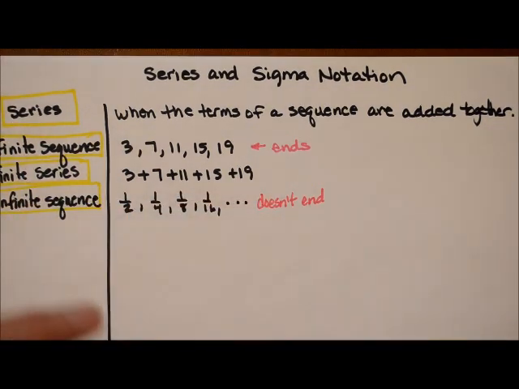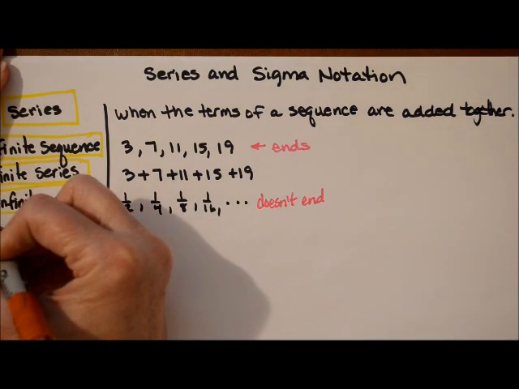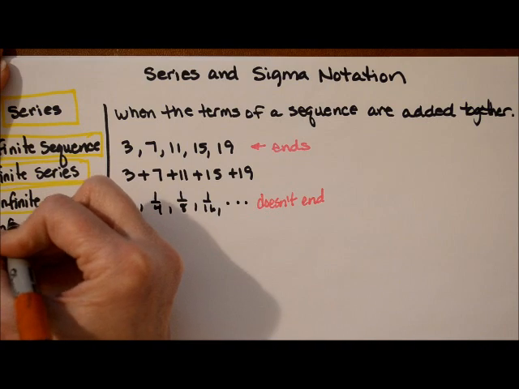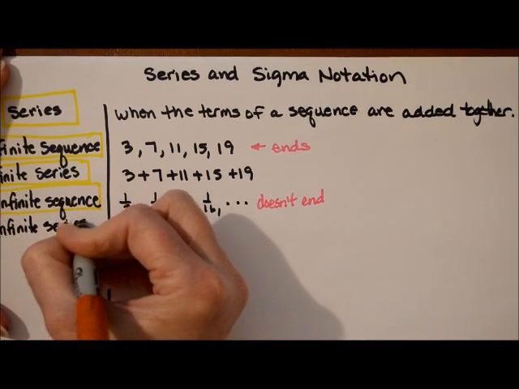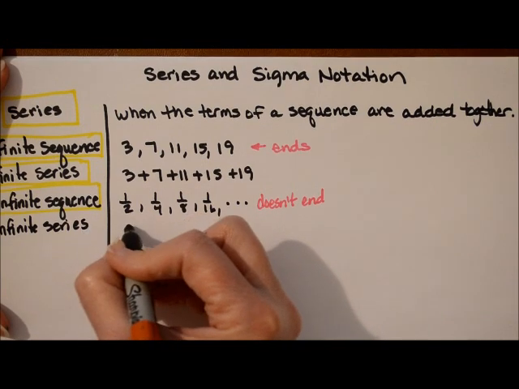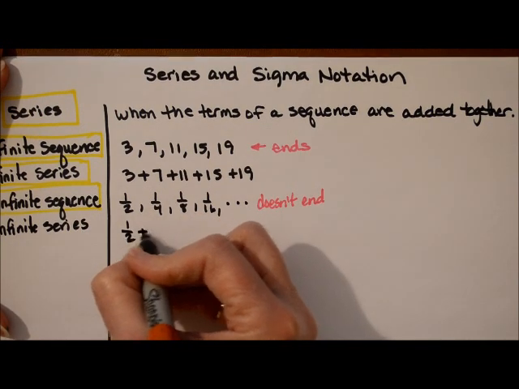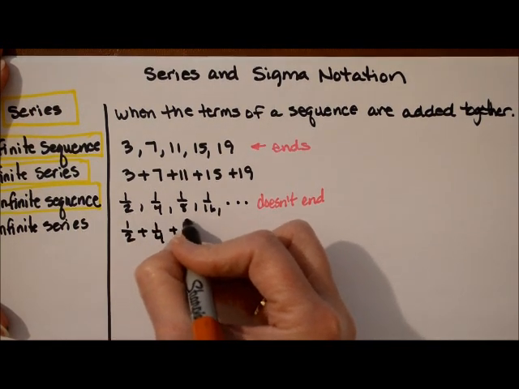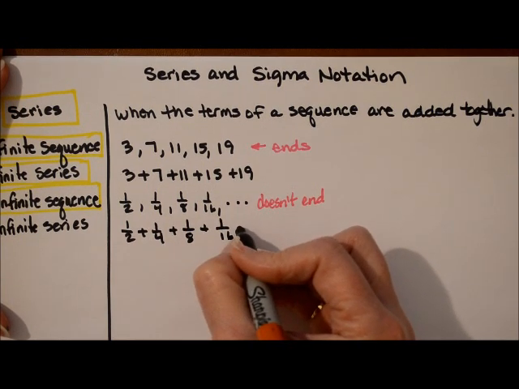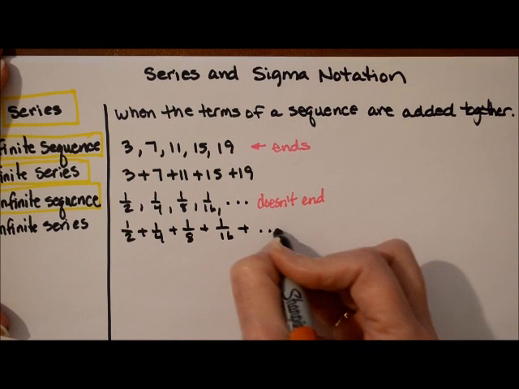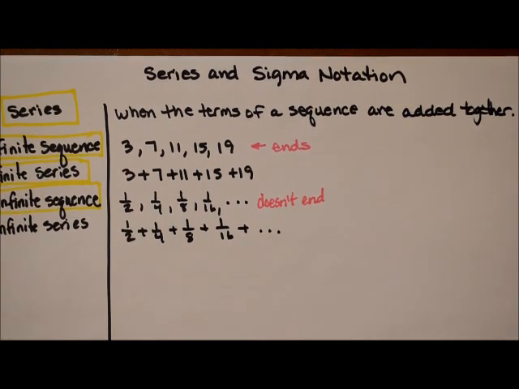With an infinite sequence, there is something called an infinite series. So an infinite series would be 1/2 plus 1/4 plus 1/8 plus 1/16 plus dot, dot, dot. Okay, so that's how you'd write an infinite series.